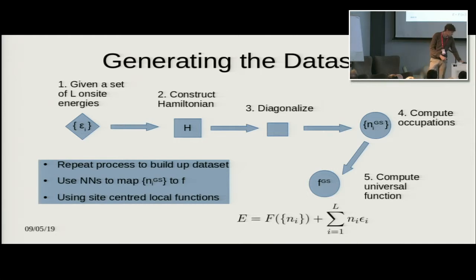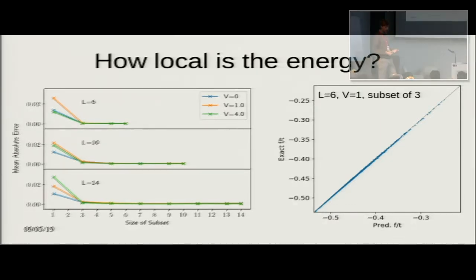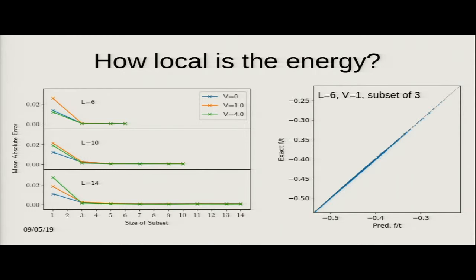On the x-axis here, I've got the size of this subset, and on the y-axis is the mean absolute error. We've got 6, 10, and 14 sites, and 3 different values of V, the strength of interaction. You can see that for pretty much all 3 lattice sizes, a subset size of about 3 or 5 is sufficient.